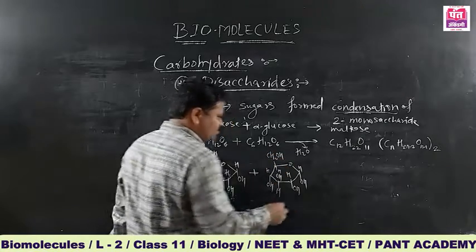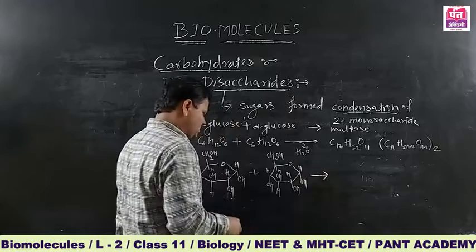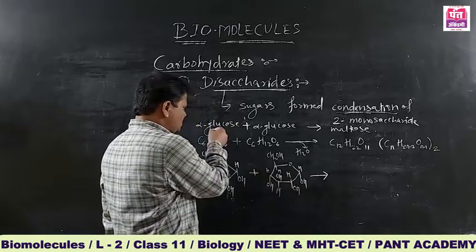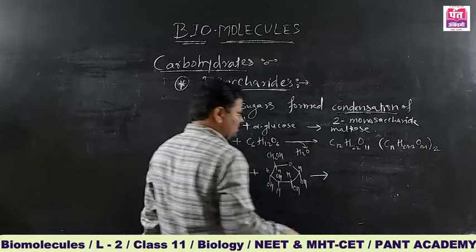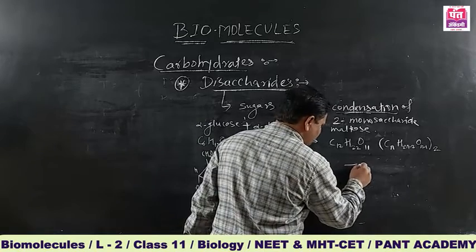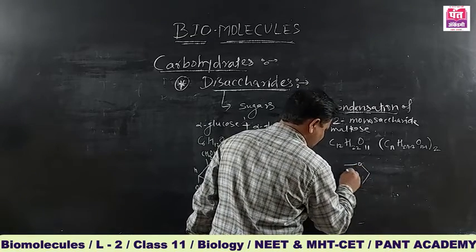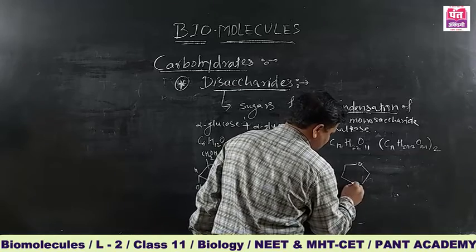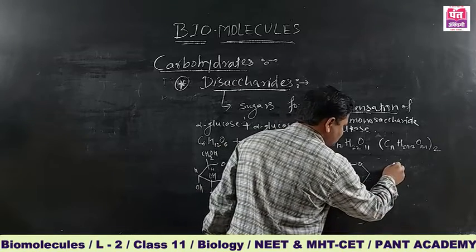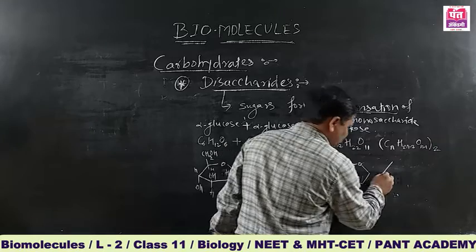CH2OH. When these two different kinds of groups combine together, the same alpha glucose comes together, they form a different kind of structure, and that structure is nothing but the disaccharide.